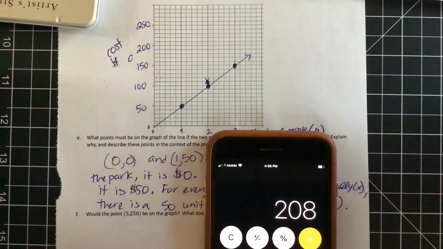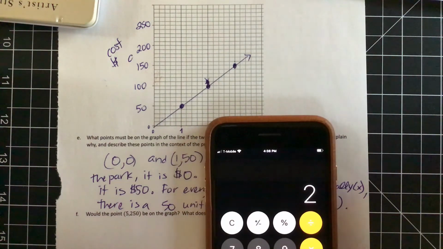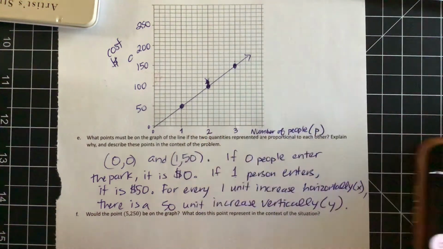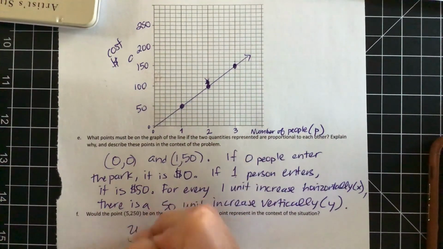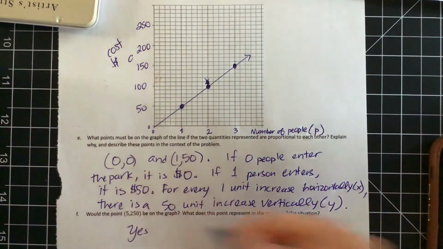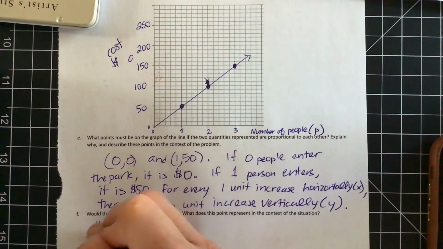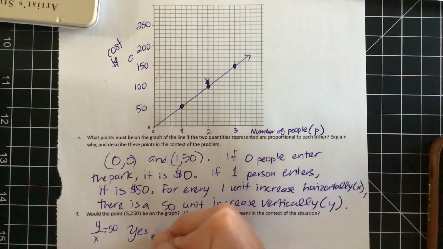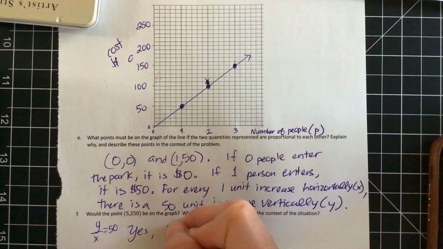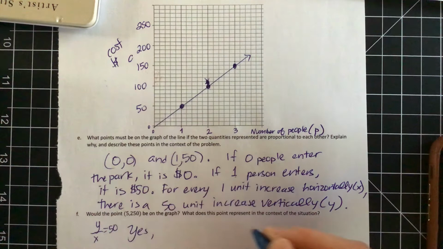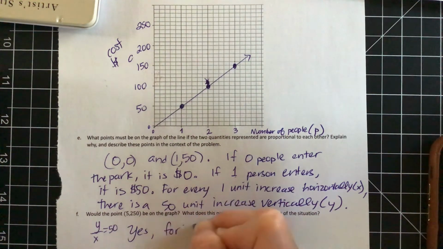If we take 250 and we divide it by 5, we get 50, which means that yes, since we divide y divided by x and we got 50. So what does it represent? It represents that there are 5 people.